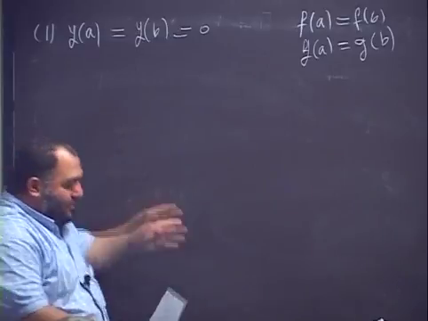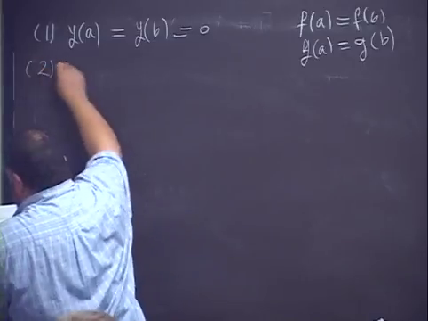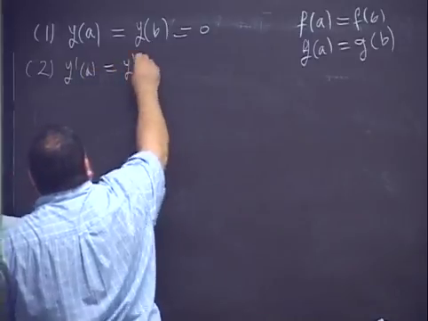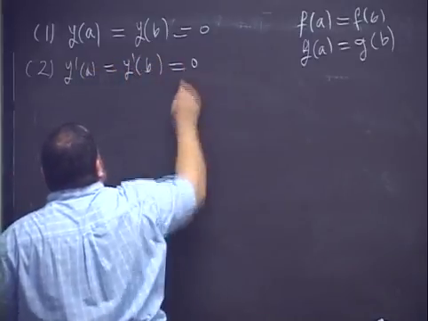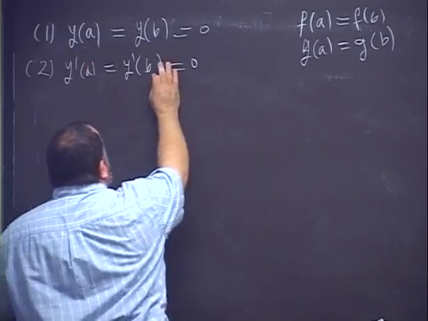So this is one of the boundary conditions. Another boundary condition might be Y prime of A equal to Y prime of B equal to 0, and you see those two boundary conditions for what?